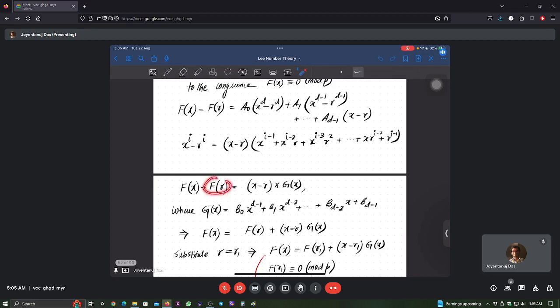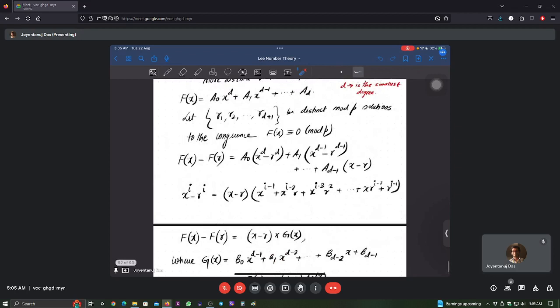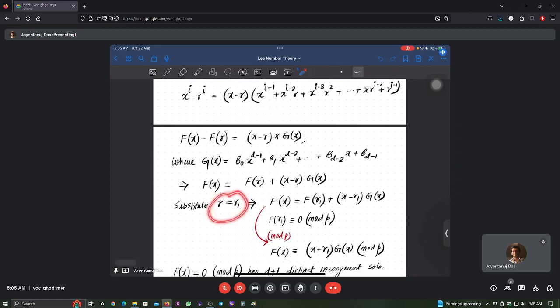So I can send this f(r) to the other side. So f(x) I can write as f(r) plus this quantity. Now I have this set of distinct roots modulo P. So if I substitute r equals r1, then I have f(x) equals f(r1) plus this quantity.